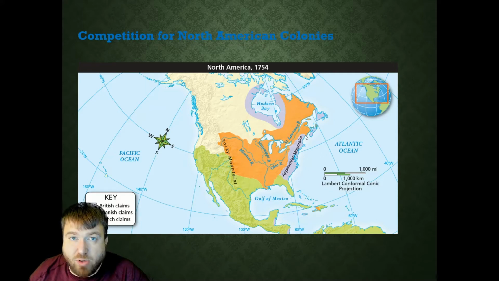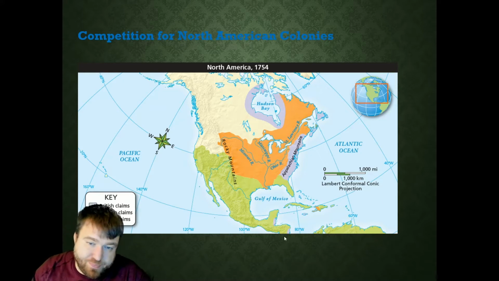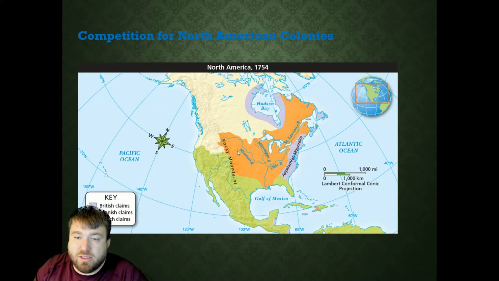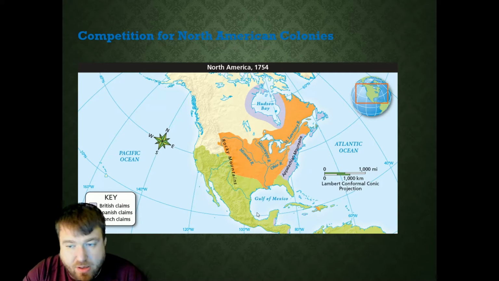That is the British territory. They also own some of the islands off of what is today Canada and the north around the Hudson Bay. Now, the vast majority of what is today America and Canada was owned by the French. This was all French territory. And all of this green down below is Spanish territory.